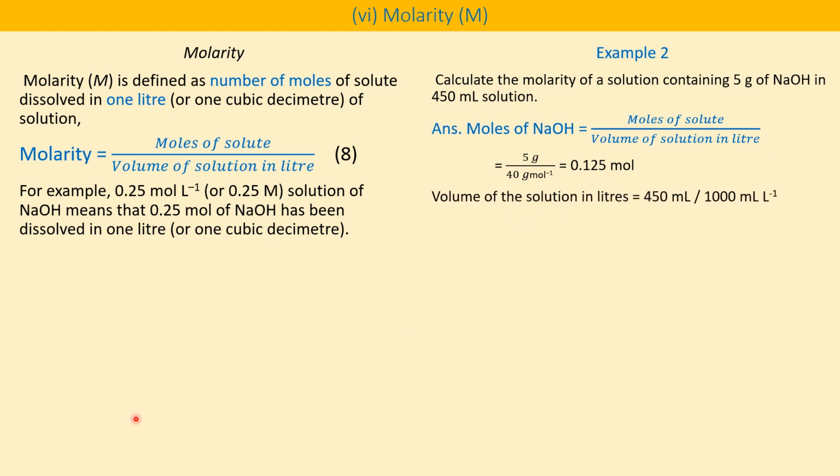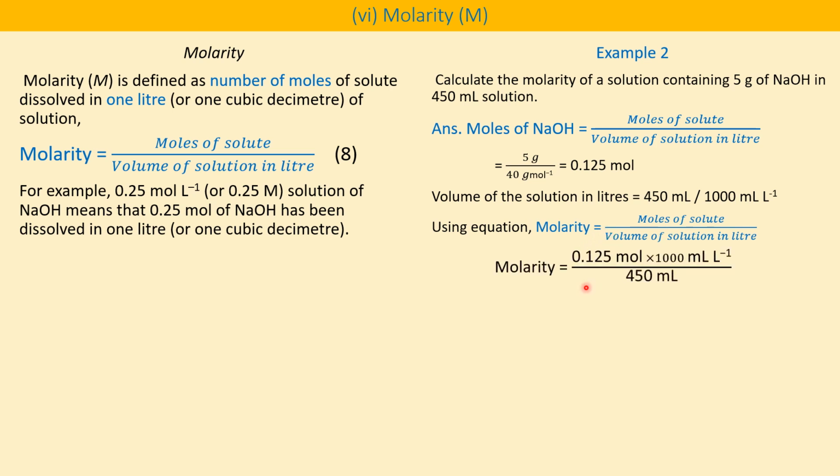So volume of solution in liters is 450 milliliter, as given, that can be written as 450 ml divided by 1000 ml per liter. So molarity equals 0.125 mole into 1000 milliliter per liter divided by 450.